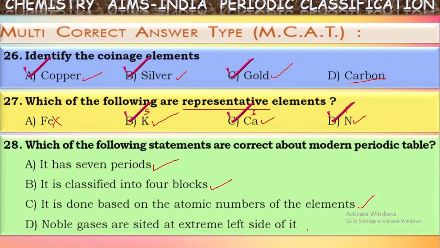That is in the 18th column. That is also called 8A group or zero group. But not at the left side. So it is an incorrect statement. What is at the extreme left side? There are alkali metals, but not noble gases, isn't it? So this is an incorrect statement. The remaining three are correct statements. Right?